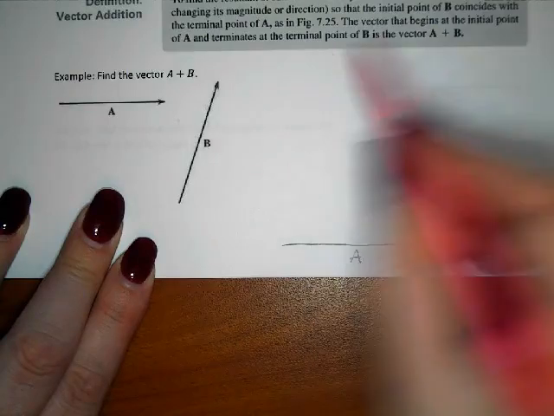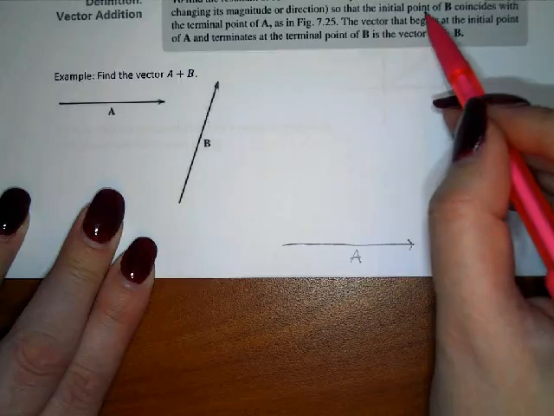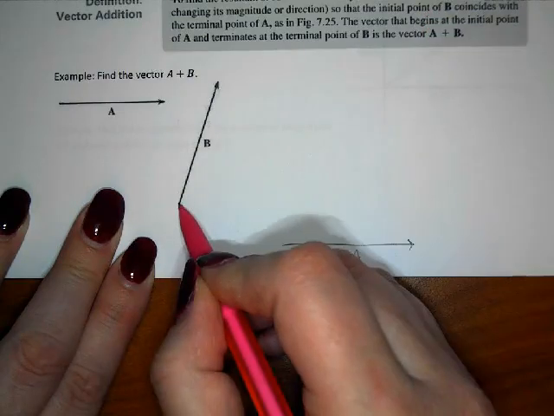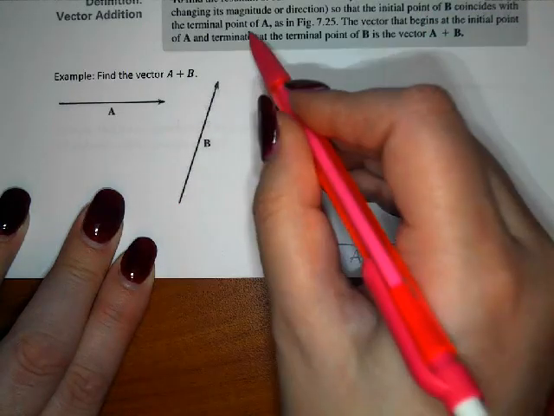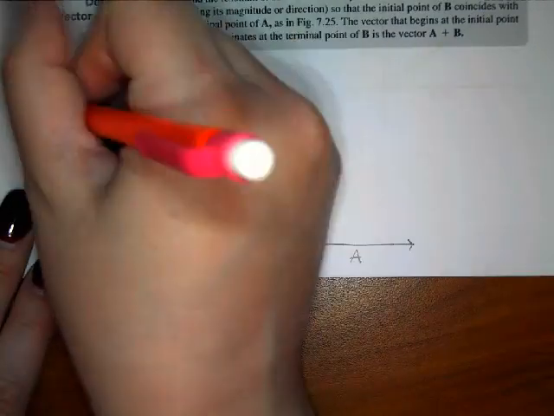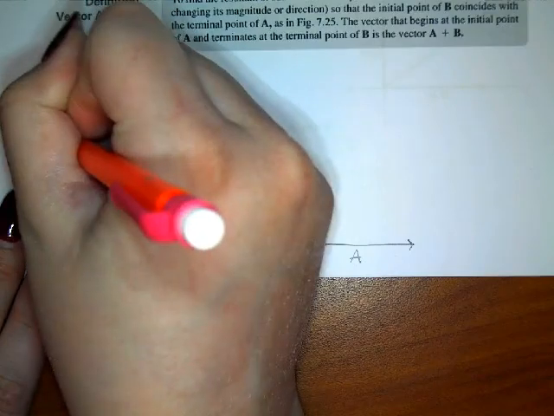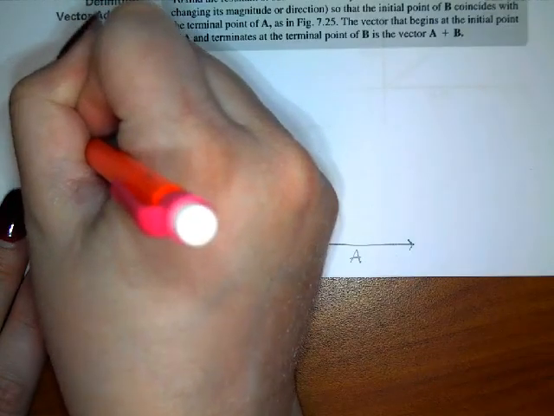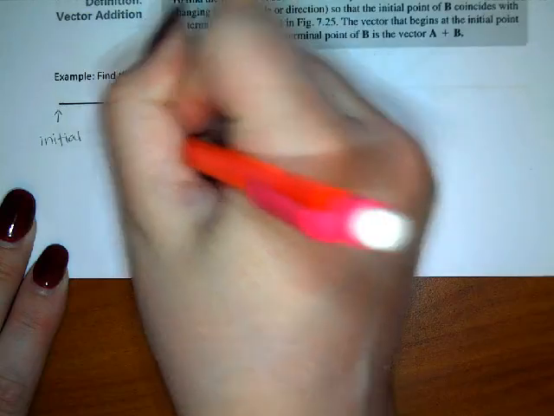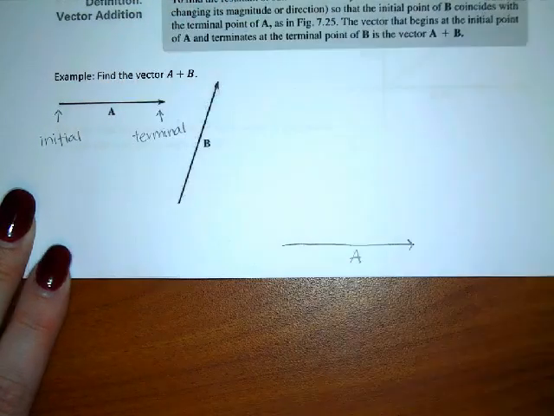And then position B without changing its magnitude or direction, so that the initial point of B, the starting point of B, coincides with the terminal point of A, the ending point of A. So we would say that this is the initial point, and this is the terminal point. Okay, initial point, terminal point.